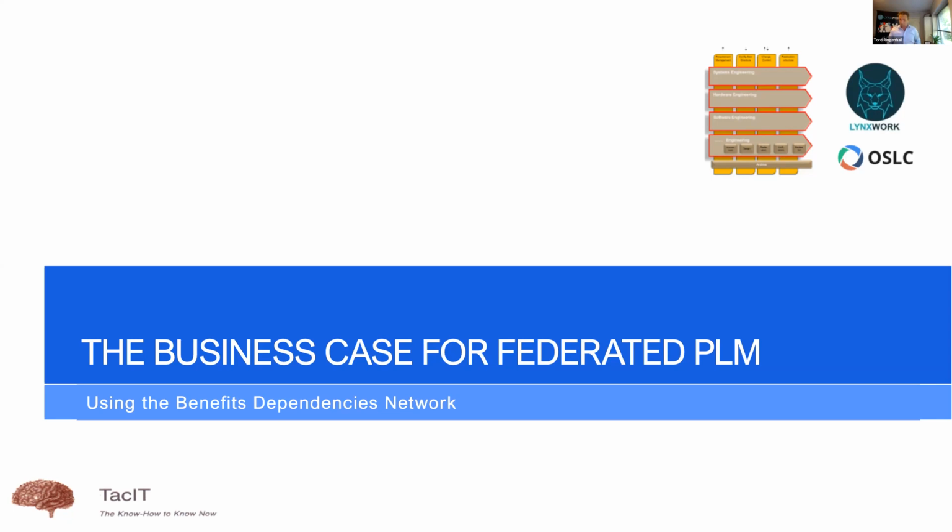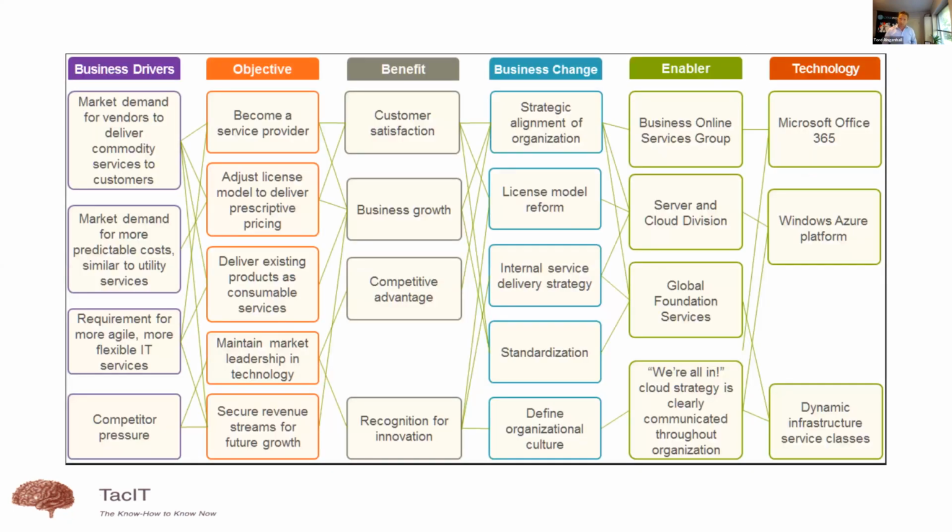So for the benefit dependency network, we had an example from Microsoft where we see the business drivers, the objectives, the benefits, the business change, and the enablers and technology, and how that is linking up together. So this was about the model. And then we looked into using this framework to create a business case for the aerospace, for the federated PLM, or federated engineering environment.